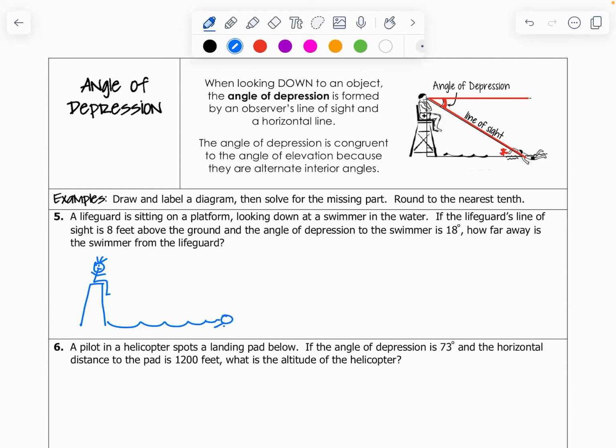The lifeguard's line of sight is 8 feet above the ground, so above the water we are 8 feet. And the angle of depression is 18 degrees. I've drawn a triangle.